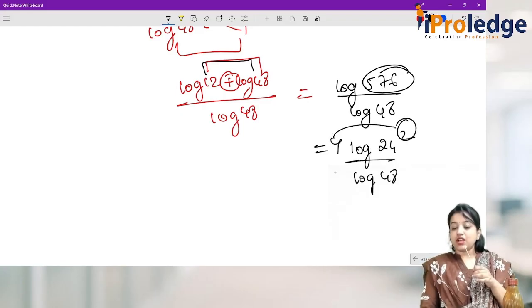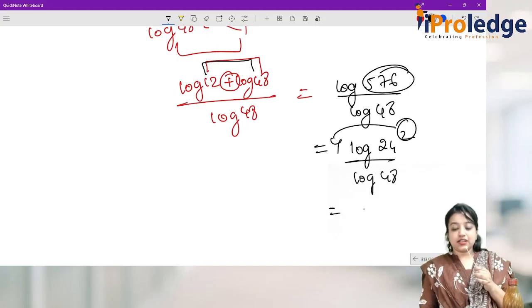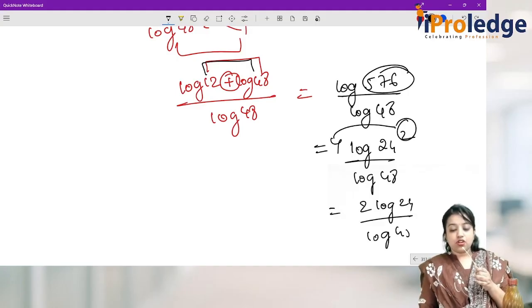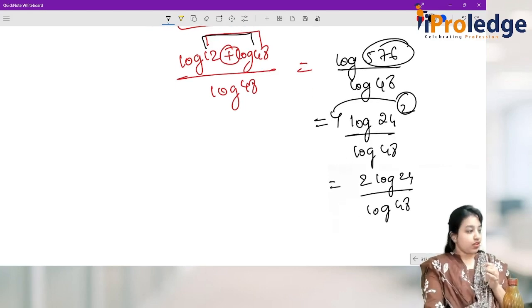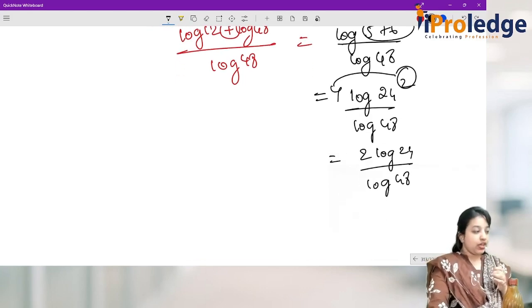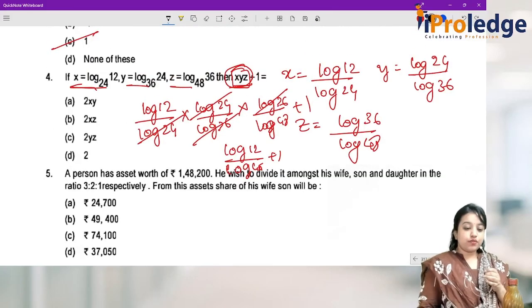Bring this 2 to the numerator. So 2 log 24 divided by log 48. That's correct, but the final answer should be in terms of x, y.